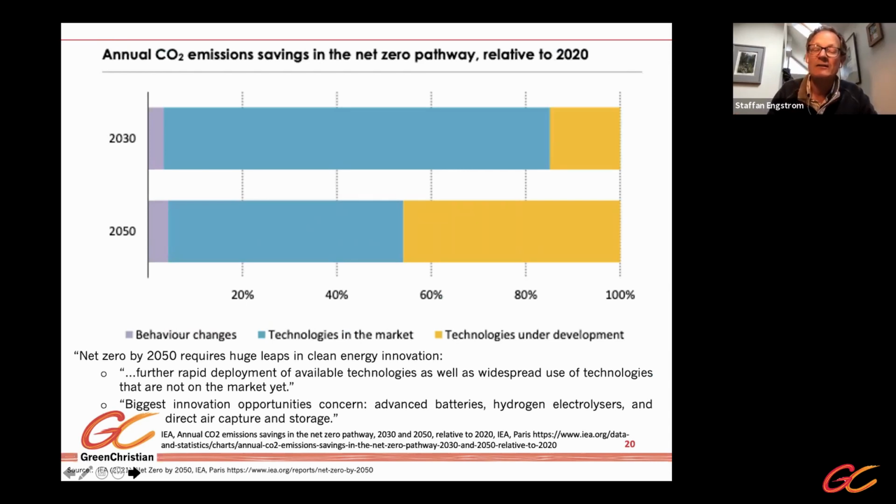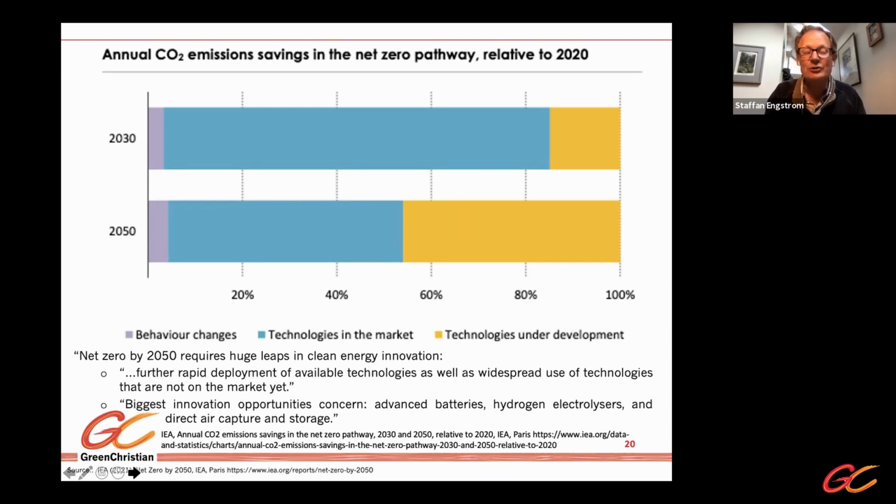But technologies in the market at the top are giving the vast slice of the improvement needed for that area, some under development, but to get the other half, a whole bunch of new technologies they're saying is needed. Further rapid development of available technologies, widespread use of things that are not on the market yet.